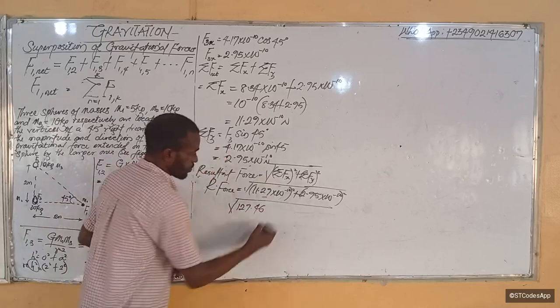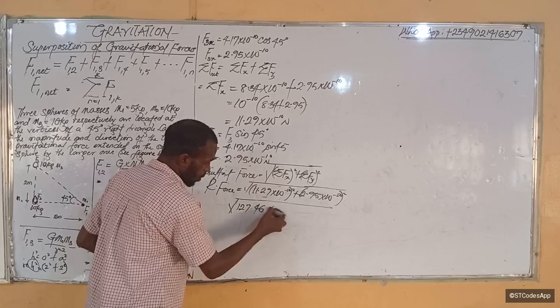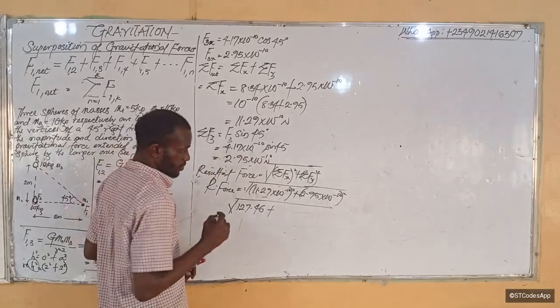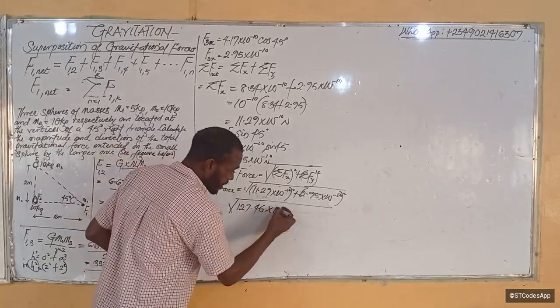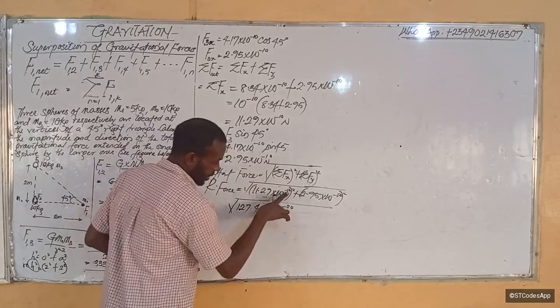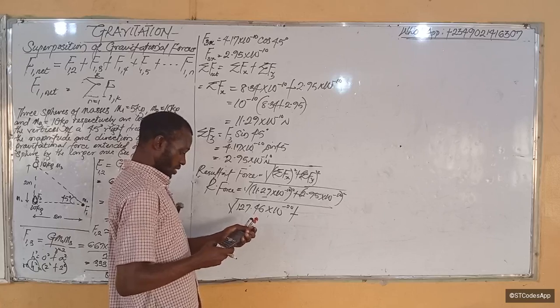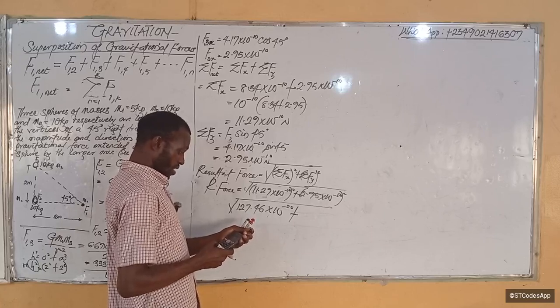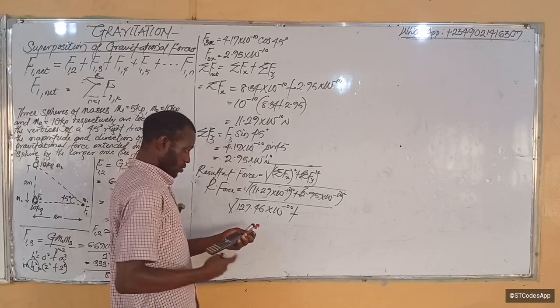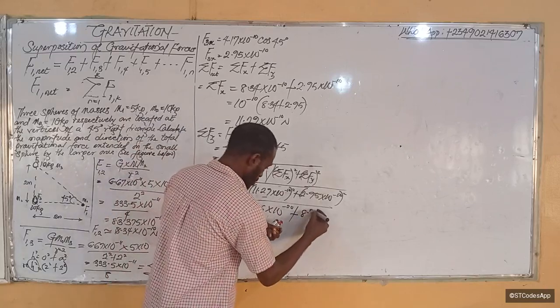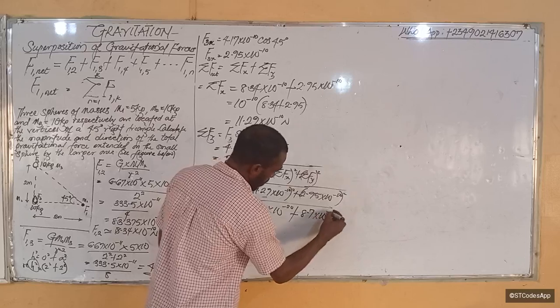We will square 11.29, and 11.29 squared is equal to 127.46, times 10 to the power minus 20 right here, then plus 2.95 squared, which is equal to 8.7 times 10 to the power minus 20.